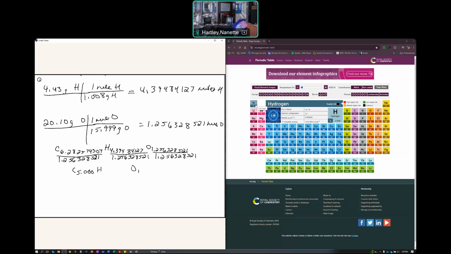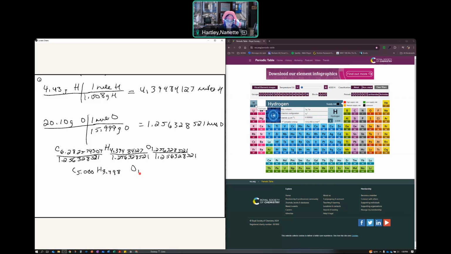And then my hydrogen, I take that 4.394, I divide that by the 1.256, and I end up with 3.498. And again, I should only have 3 sig figs. I wrote down 4. Again, I have 5 here, I have 3.5 here, and I have a 1 there.